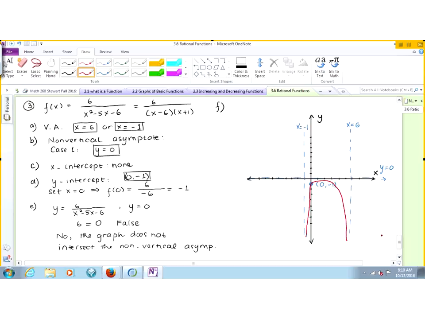It should start from down here and it ends down here. Even though I don't pick points, I know. Right? Okay. Now, what happens to the left of x equals negative 1? Do I start low or do I start high? High? Why?